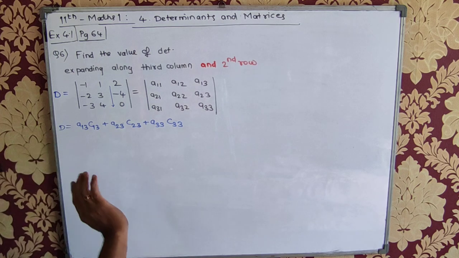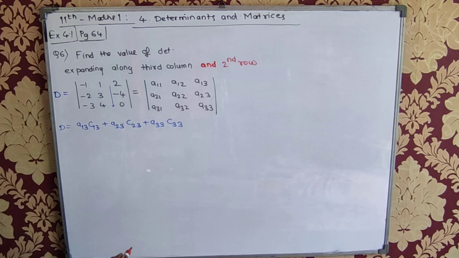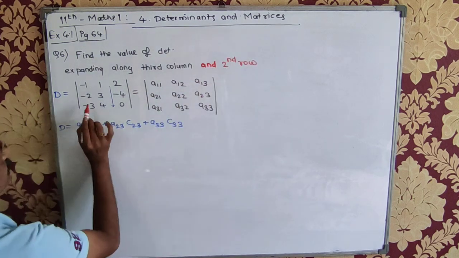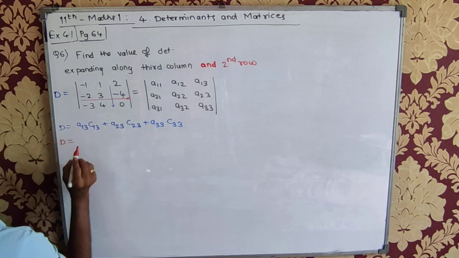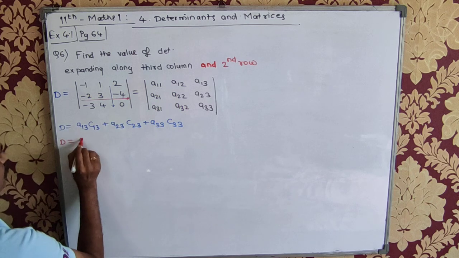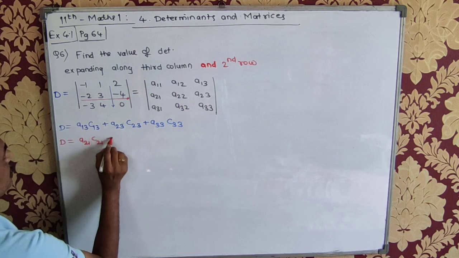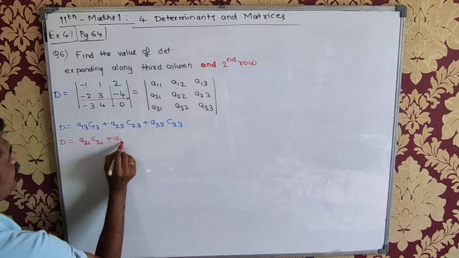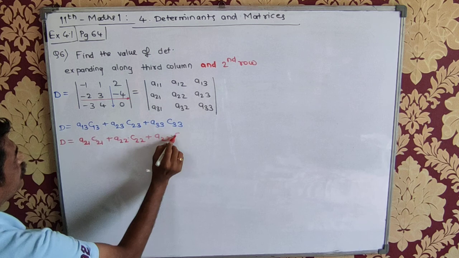Now the same formula we have used in the previous problem. Well, if I am expanding it along the second row, this is the second row, please note. So what it will be if it is along the second row? Can you answer it? A21 into C21 plus A22 into C22 plus A23 into C23.